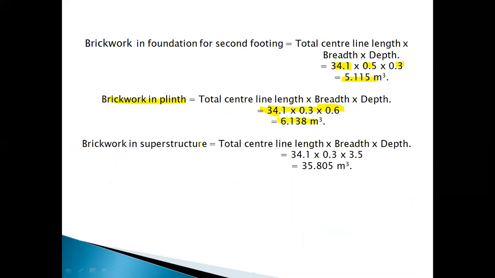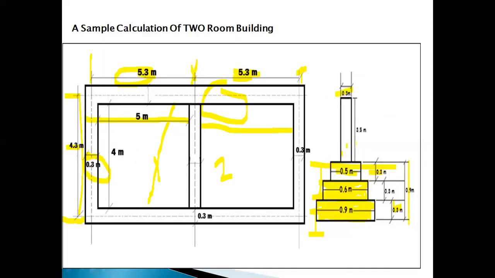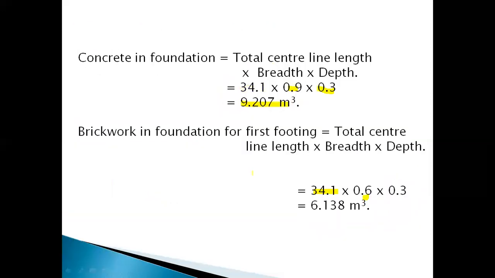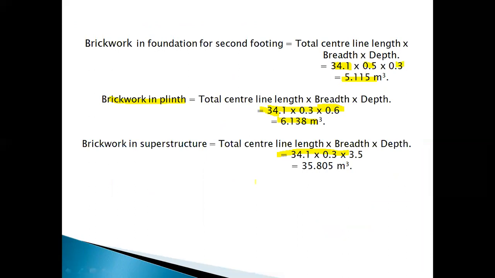Next one, brickwork in superstructure, total length into breadth into depth. Total length is 34.1 into breadth 0.3 and height is 3.5, which gives 35.805. It is the total quantity of brickwork in superstructure.